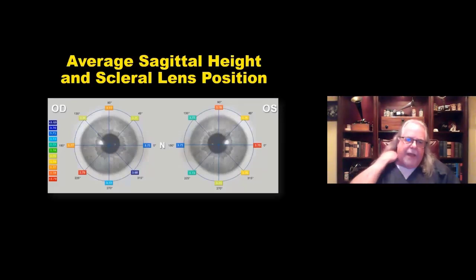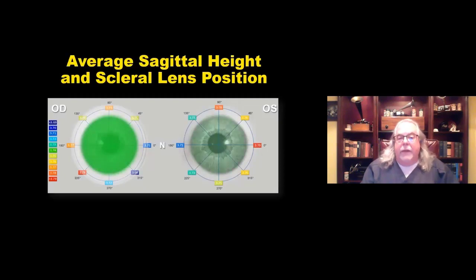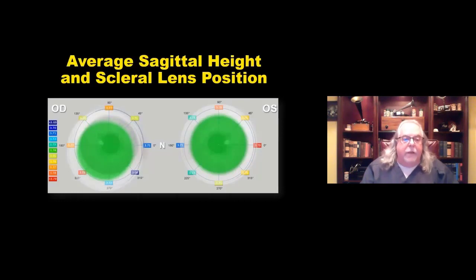Now, that can be used by virtue of understanding this study. This is another study done at Pacific University where we measured the sagittal height along the 8 principal meridians of the cornea and sclera. And when we use those numbers, we see that once a lens is applied to the eye, if it's a right eye, the lens frequently goes down and temporal, and the left eye, again, slightly down and temporal as well.